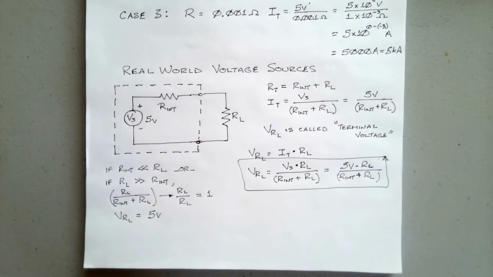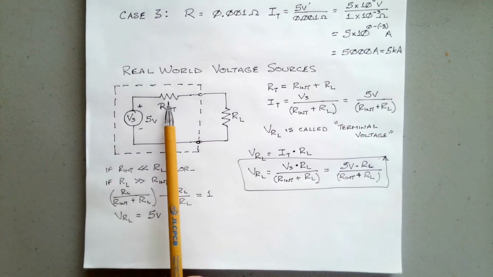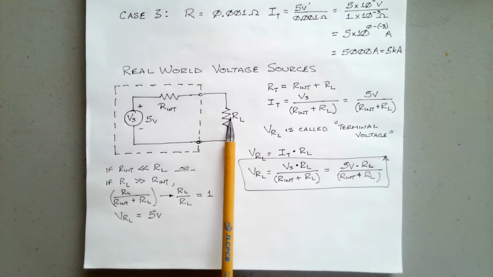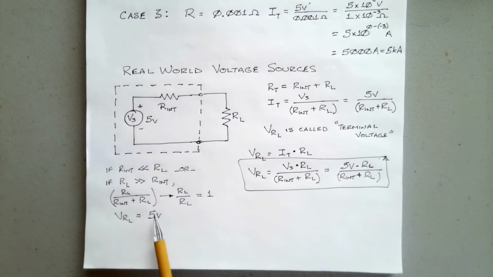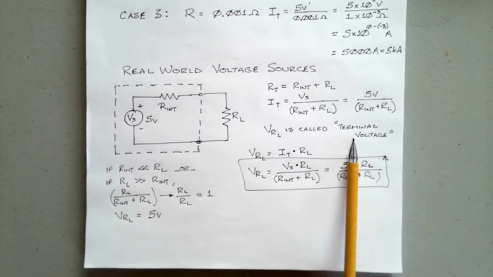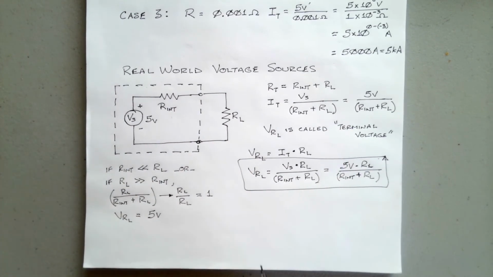It's not an or so much as it's the same thing. But the point is, if this internal resistance is really small compared to the load resistance, or if you look at it the other way, if the load resistance is much, much larger compared to the internal resistance, then we're going to see a voltage out here as the terminal voltage that's going to be very close to VS.